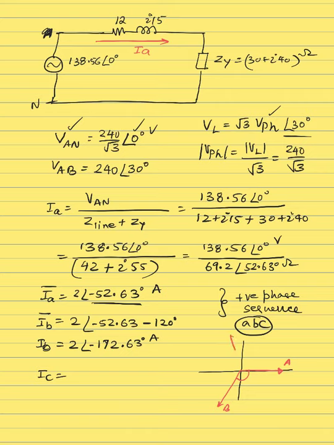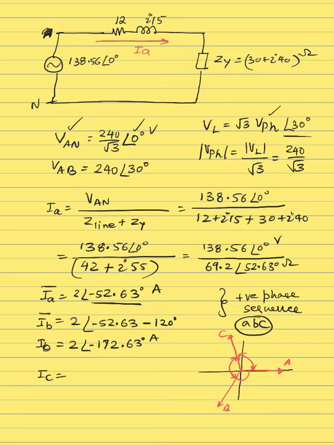And this is where phasor C is going to be. Phasor C is lagging behind B by 120, and since it's a balanced system, C is also going to be leading A by 120.